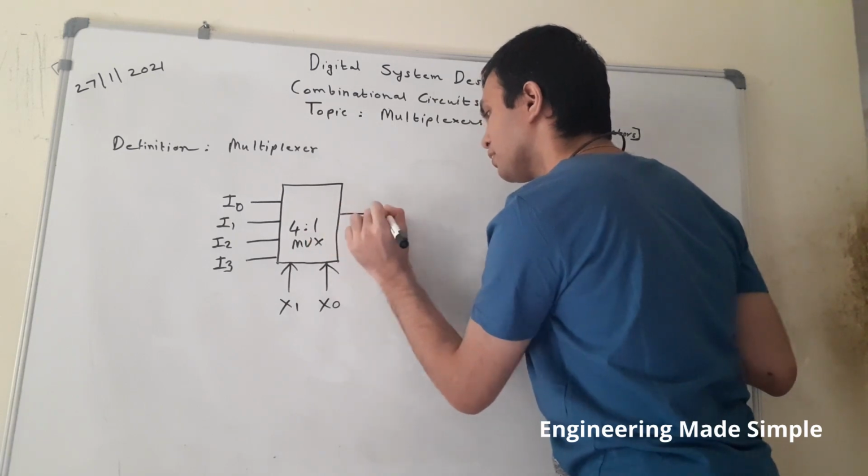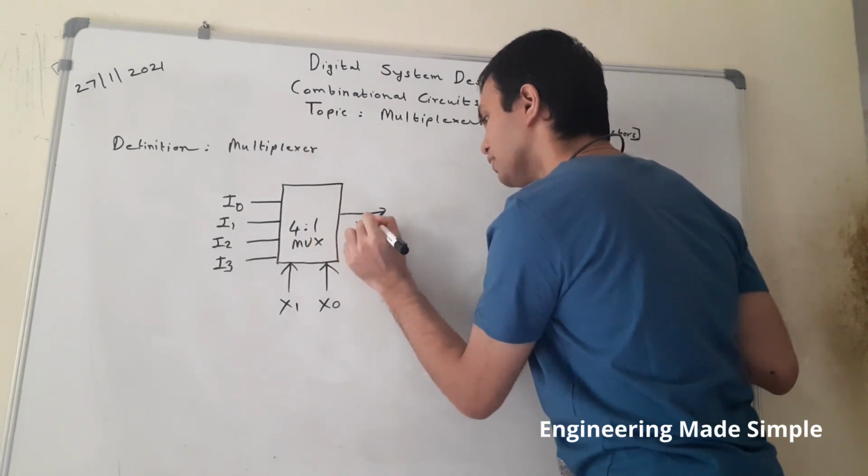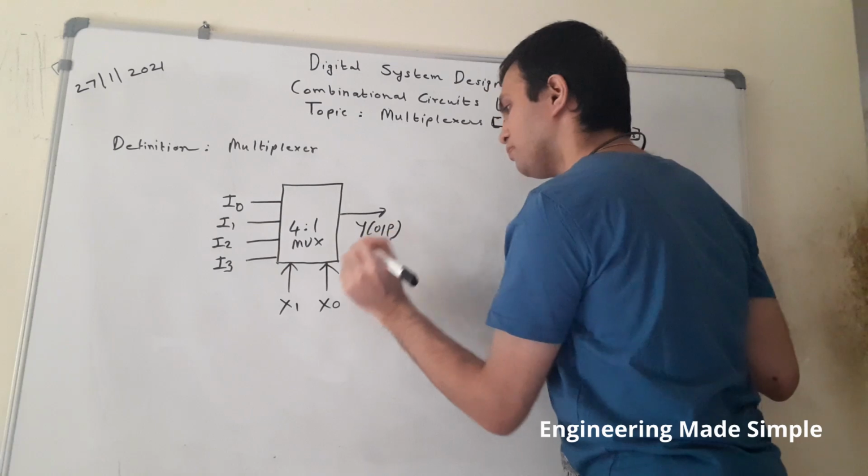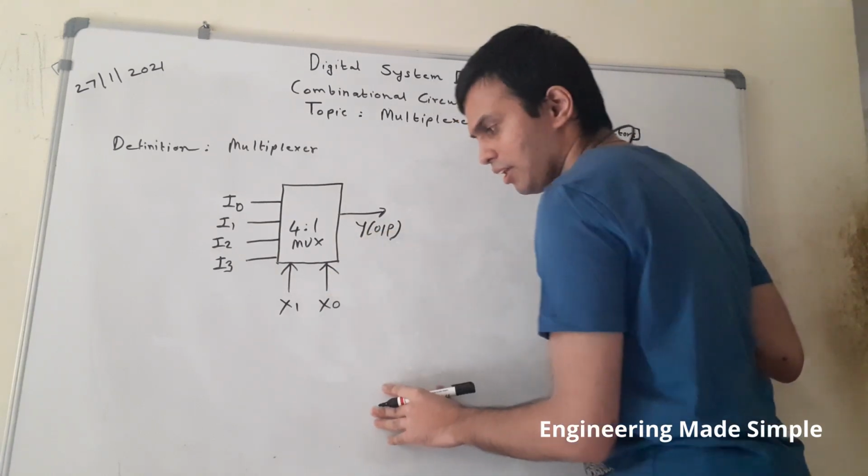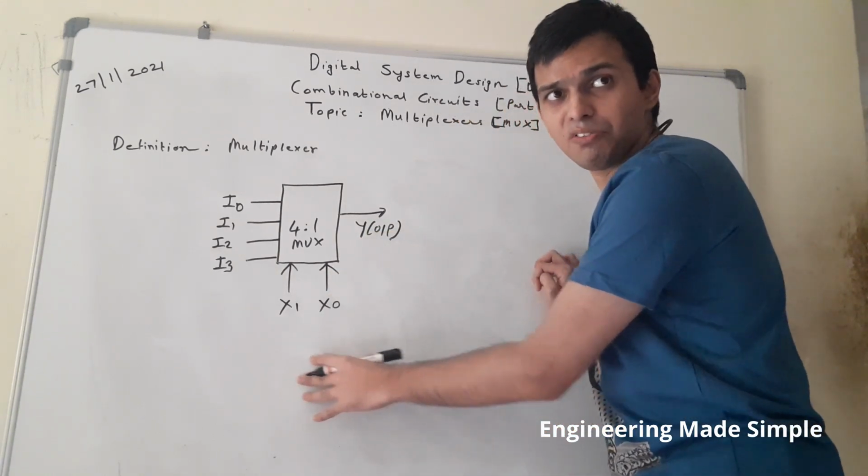Y is the output. So now this is the block diagram representation of a 4:1 mux.